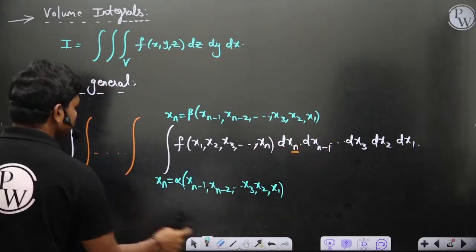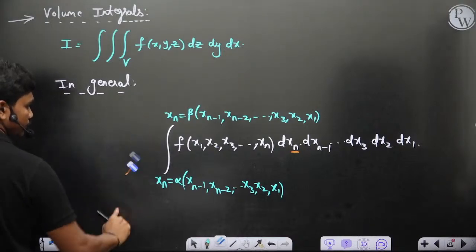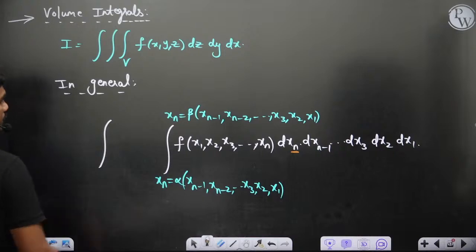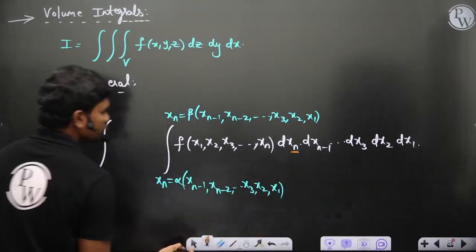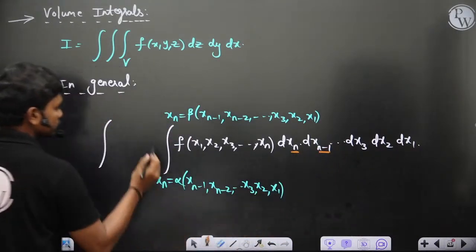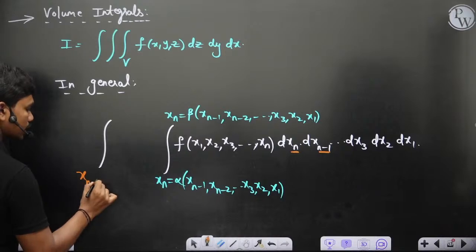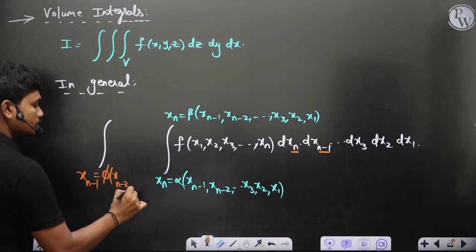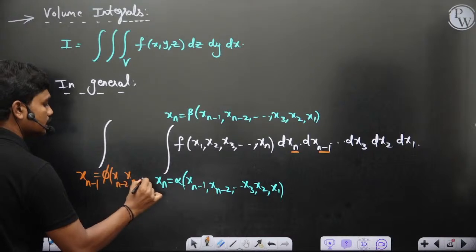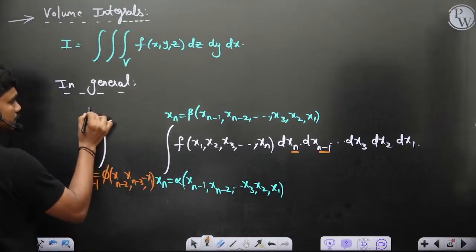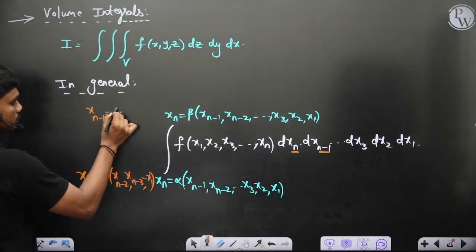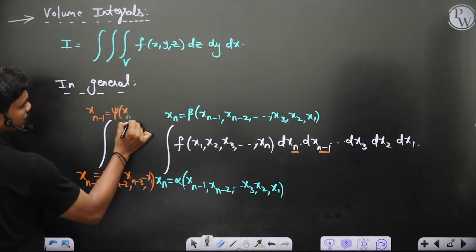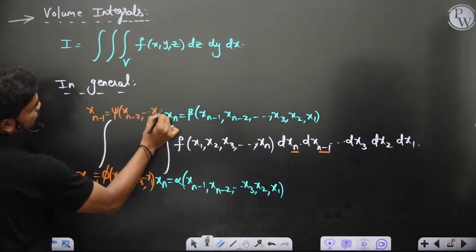Similarly, the penultimate integral: since the second variable of integration is xn minus 1, the next integral of xn minus 1 consists of some function, say phi, of xn minus 2, xn minus 3, and so on, x1. Similarly here, this xn minus 1 is equal to some function of xn minus 2, and so on till x1.